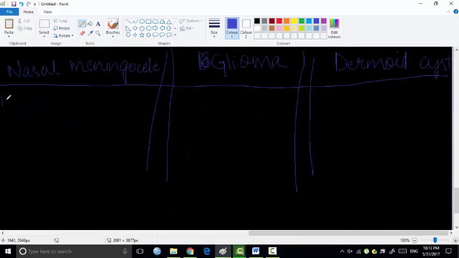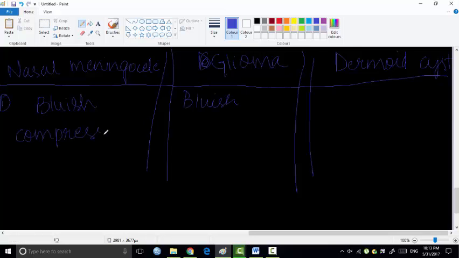So the first difference is all these are masses. This is a bluish mass, even this is bluish, right? Here, this is compressible, and the Furstenberg test is positive, that is, it moves on coughing, right? So these are the major differences.